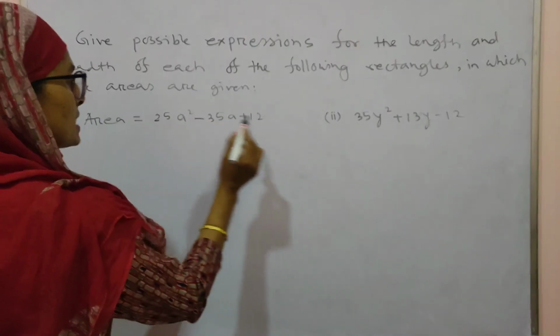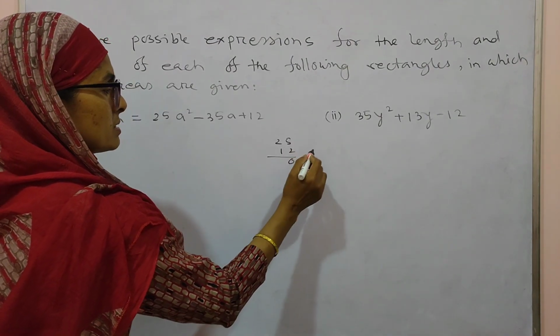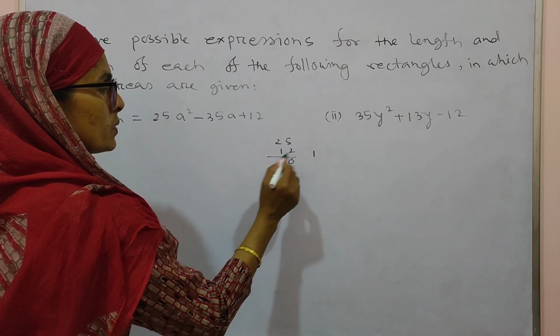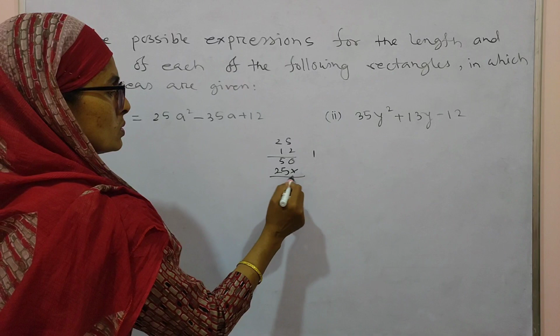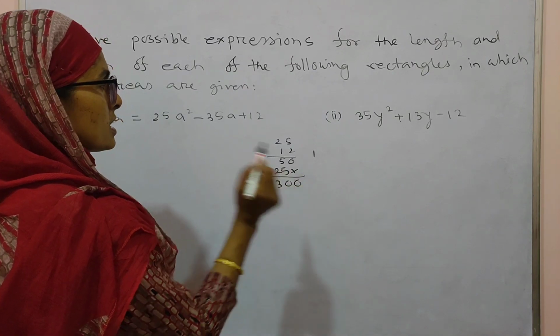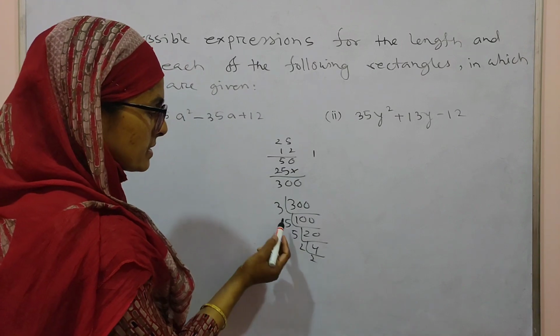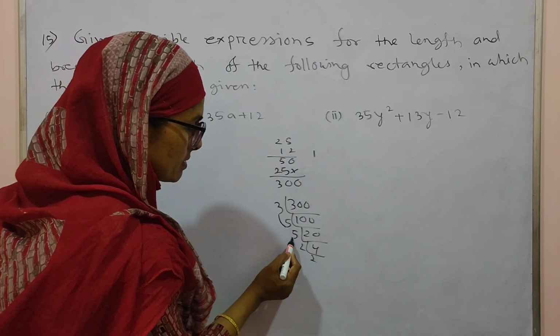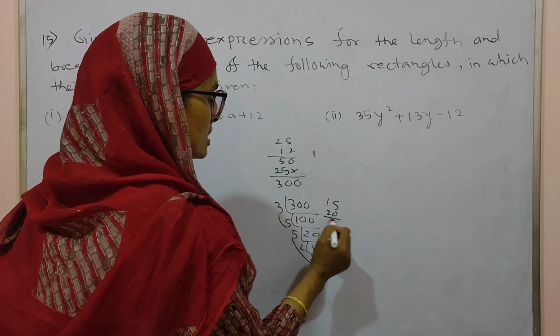First multiply 25 and 12. 5 2s are 10, 0 and 1 carry, 2 2s are 4 and 1 is 5, 5, 2 1s are 2, 0 0 3, 300. Now factorize 300. 3 5s are 15 and 5 4s are 20. 15 plus 20 will get 35.